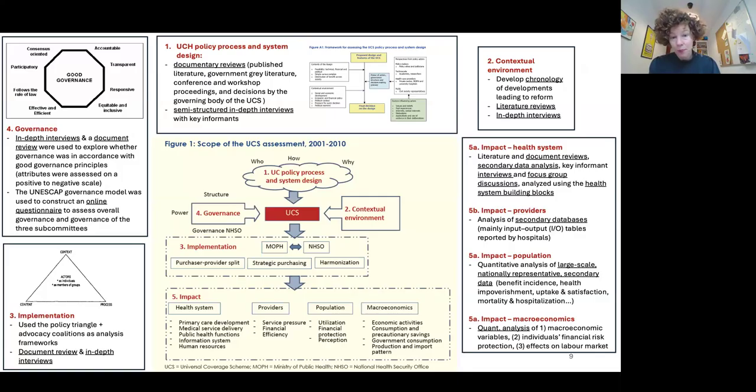And that's when they looked at large scale secondary data, databases, and quantitative analysis of macroeconomic indicators and things like that. So this is how they define the case, and this is one way to break up a case to approach analyzing a complex system. Next slide, please.